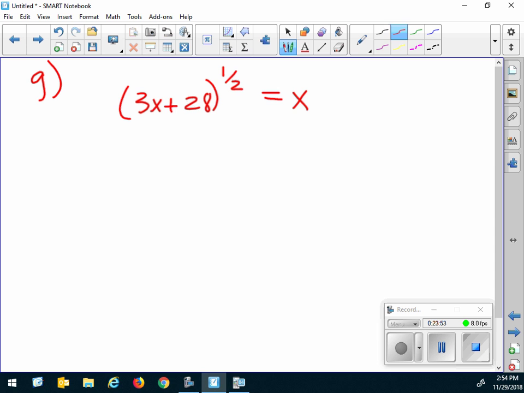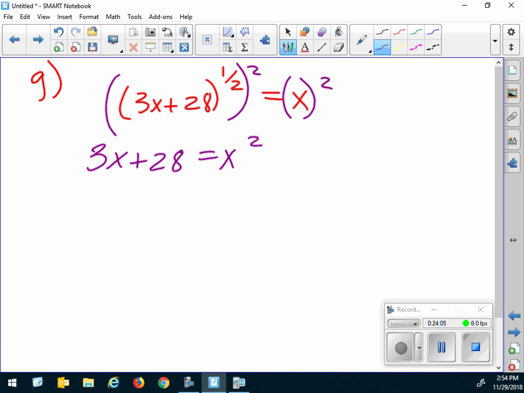Raise both sides to the 2nd power. 3x plus 28 equals x squared. Good. Now, which side do I want to move stuff to? Good, because no, it's a cuss word in math. You know that? That word is a cuss word in math.